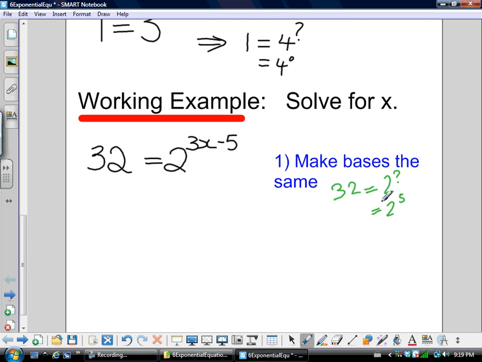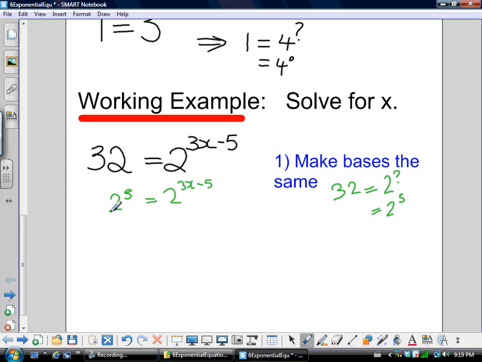So that's the first thing I'm going to do. I'm going to go over here to the question and change 32 so it is 2 to the power of 5. Okay, so I haven't changed the value of that. That's still 32 equals 2 to the power of 3x minus 5.